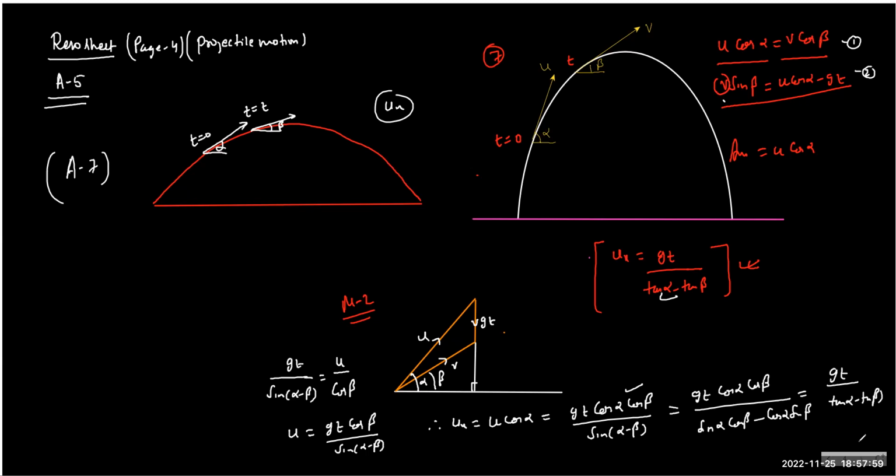Solving will give you: horizontal component of velocity remains same, which means U cos alpha is same as V cos beta. Am I right, guys? So we can write V in terms of U. And Vy equals Uy plus Ayt will give you V sin beta, U sin alpha.